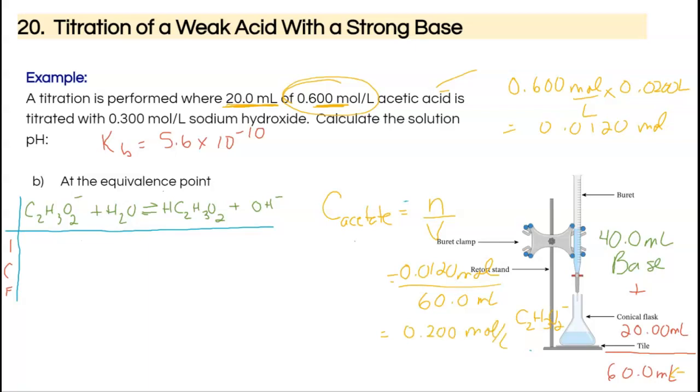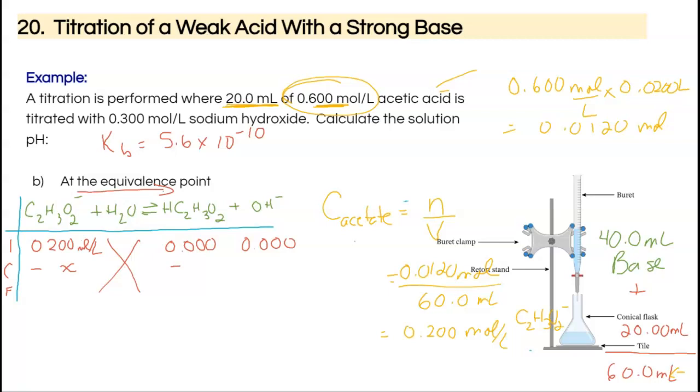Okay, so now let me fill out my ICE chart. So I know that I'm starting with 0.200 moles per liter. My water's concentration remains constant. And initially, before any dissociation happens, I'm going to have 0 moles of hydroxide or acetic acid. So the equilibrium is, of course, going to shift to the right to balance things, and so I'm going to end up with a decrease of acetate, and I'm going to qualify that using the variable x.